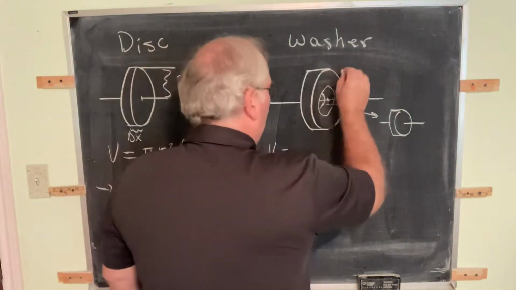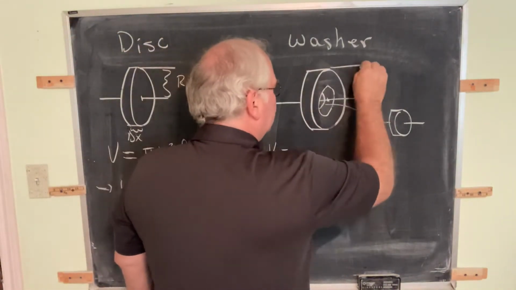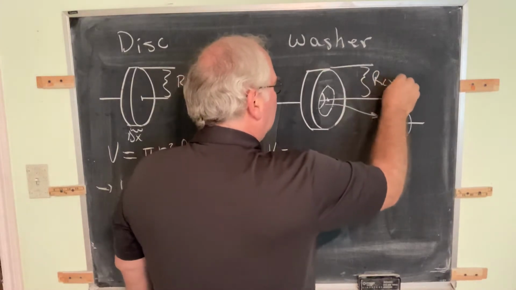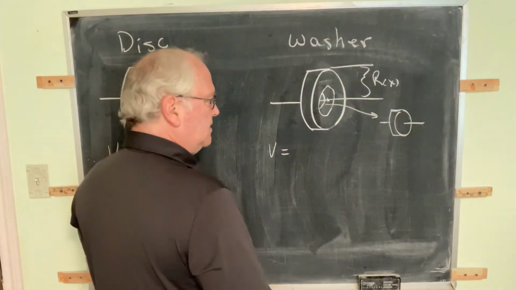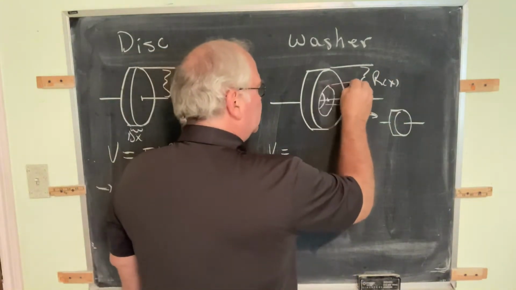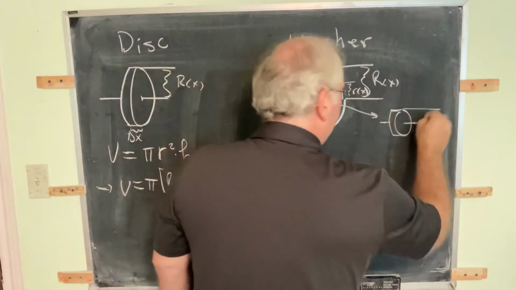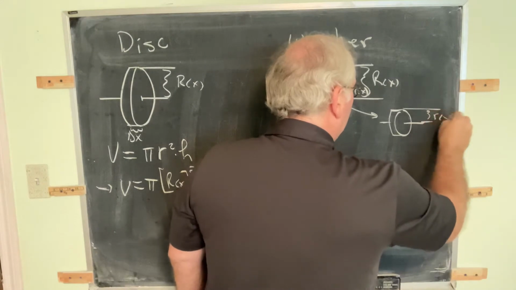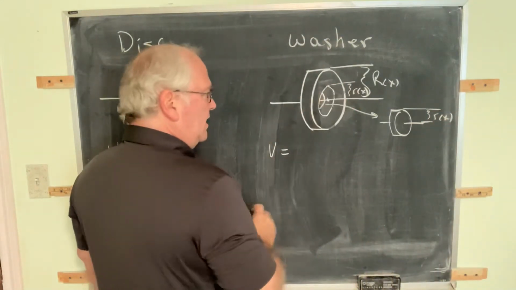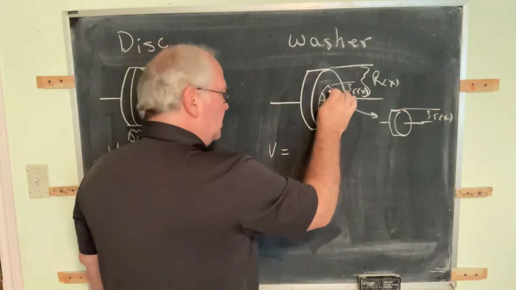And so if we call this distance capital R, the outer radius, and if we call this distance lowercase r of x, that's the inner radius. There's the outer radius and the inner radius.